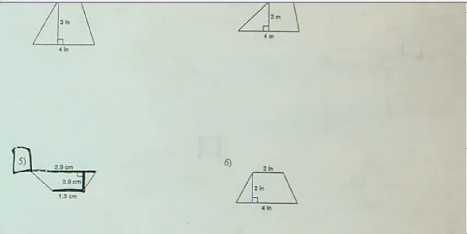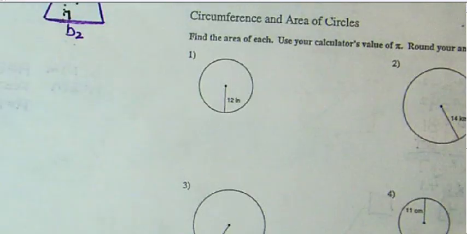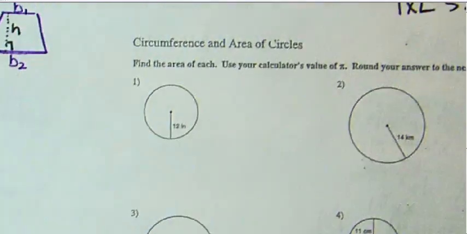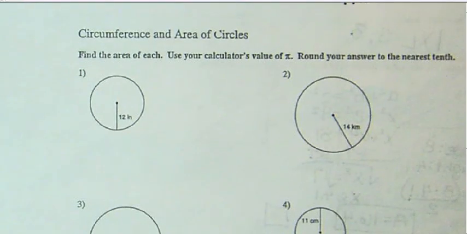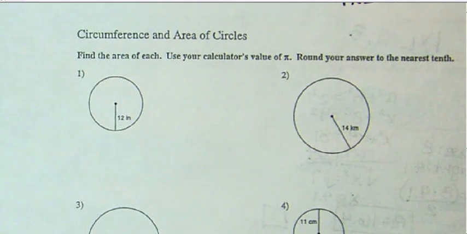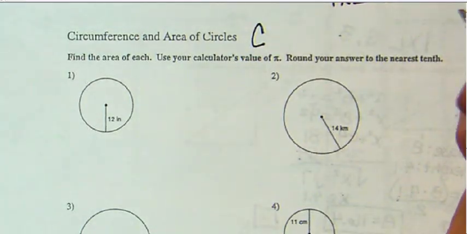All right, last section, we are doing circumference and area of circles. Again, this is another formula or formulas that you can find on your reference sheet. Circumference is like the perimeter of your circle.